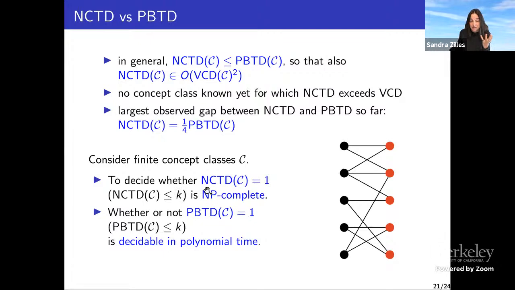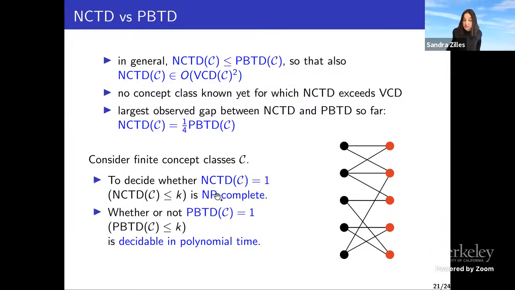We can show that deciding whether the NCTD is 1 is already NP complete, and also whether NCTD is less than or equal to K for any number K is an NP complete problem. By contrast, the same questions for PBTD can be decided in polynomial time.